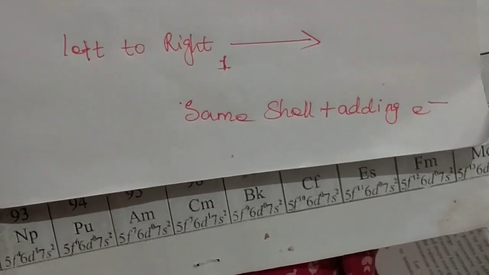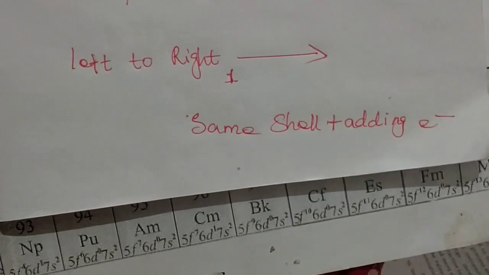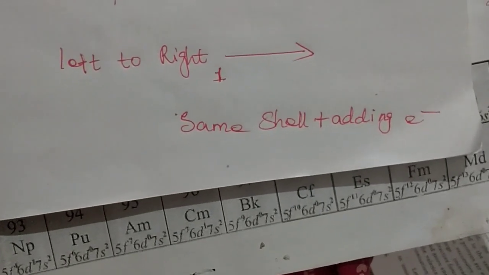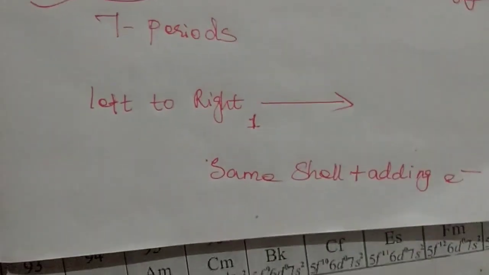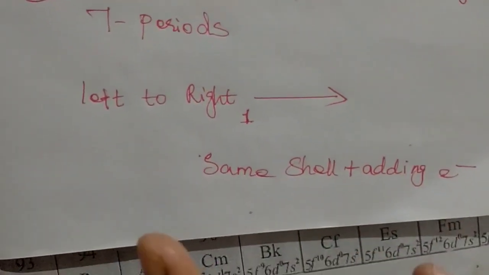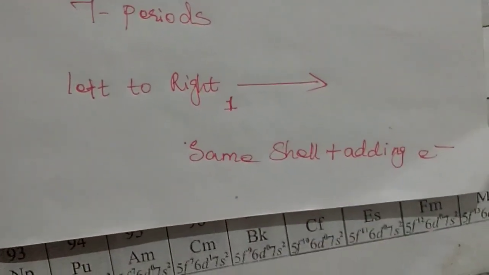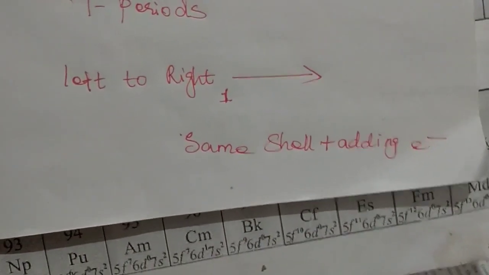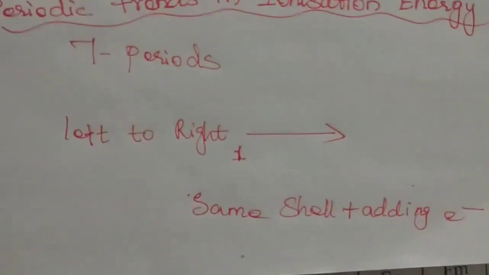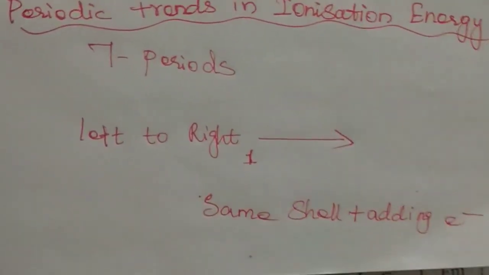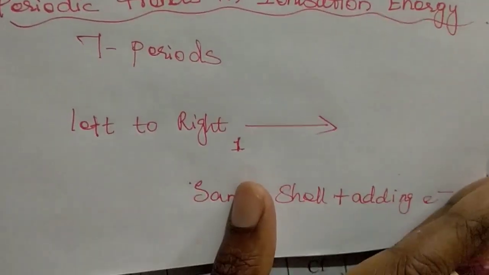They require more energy to remove the valence electron, so it results in the higher ionization energy. Increasing the electrostatic attractive force on the valence electron requires more energy to remove one electron. This is ionization energy.